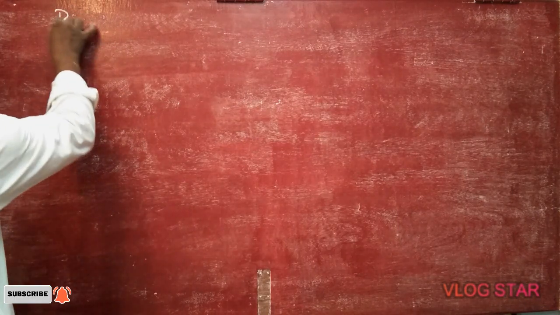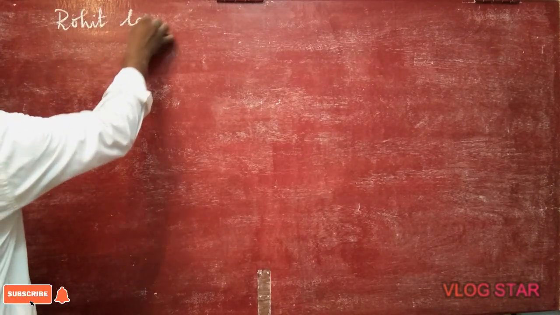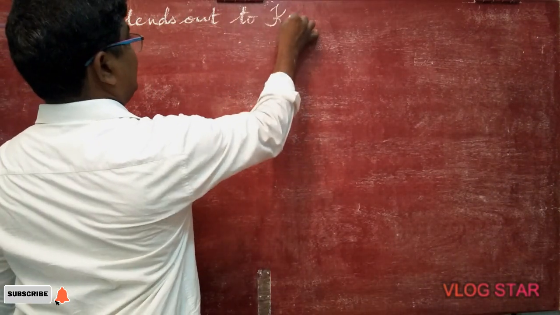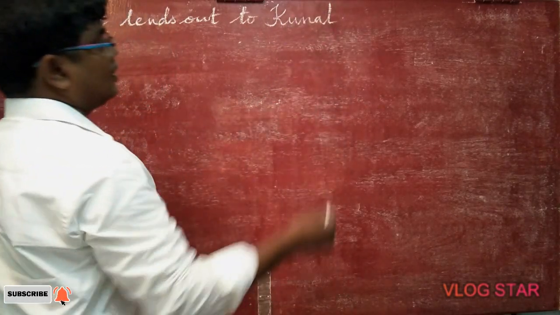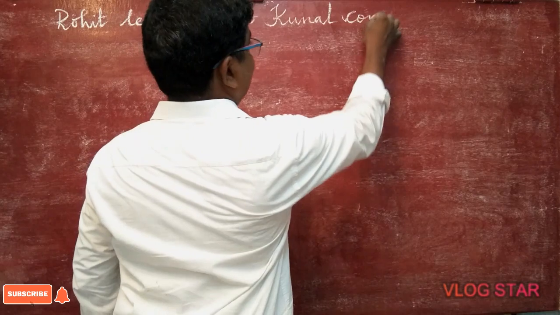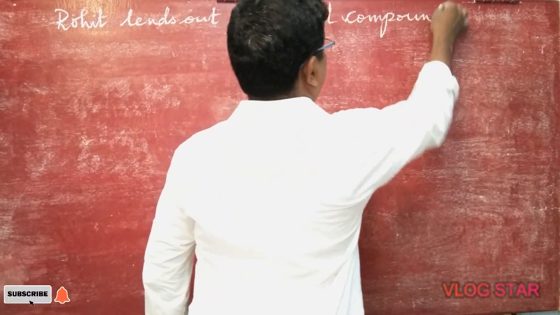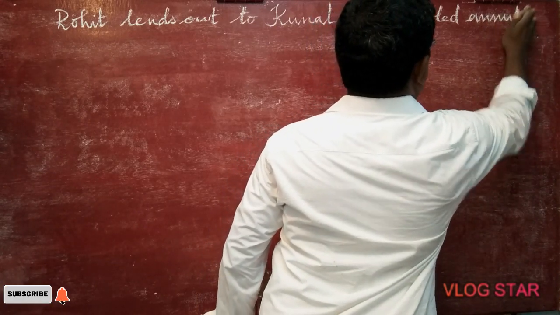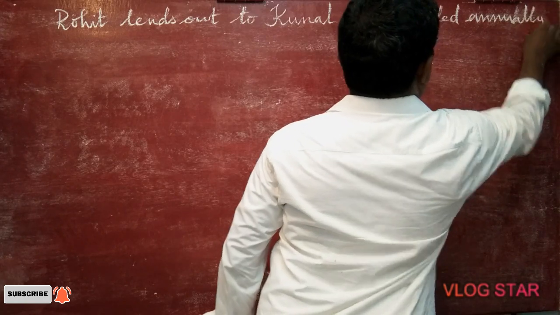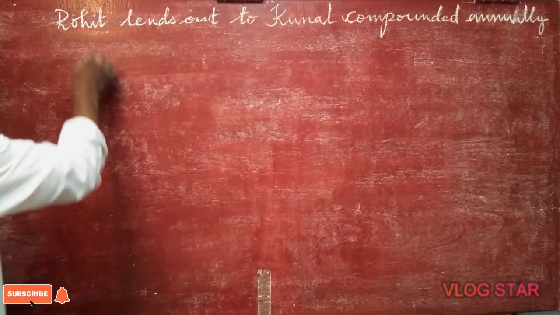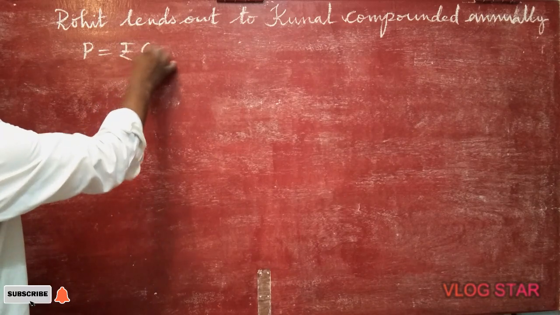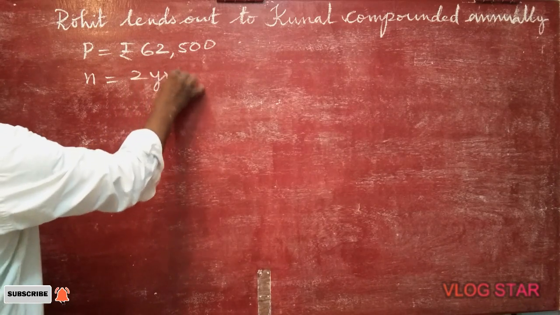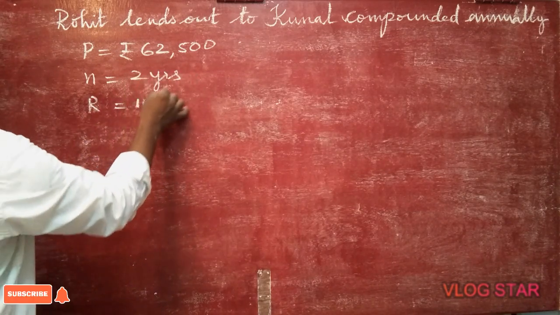Now Rohit lends out to Kunal, compounded annually. Now P is the same amount, 62,500, N is 2 years, rate 10%.